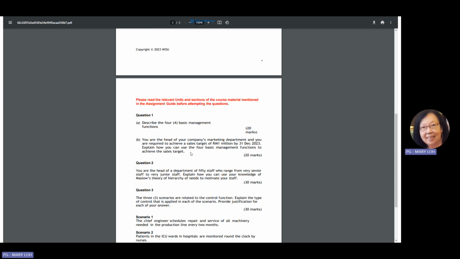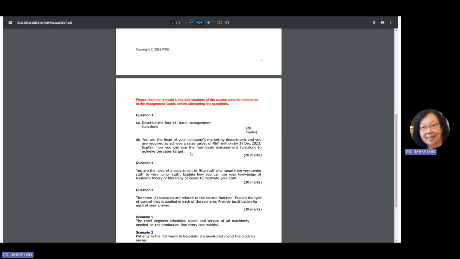Market penetration means you will try to increase the sales of your company's products through, for example, advertising, by increasing the advertising budget, and through promotion. So that is one way you can increase the sales of your company's product.